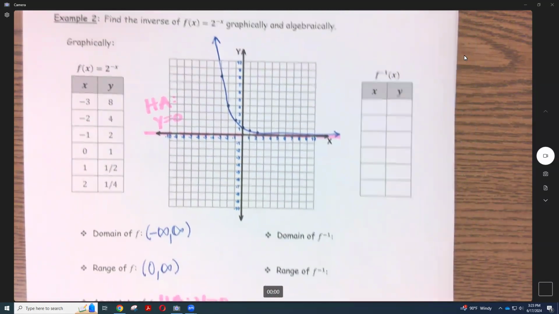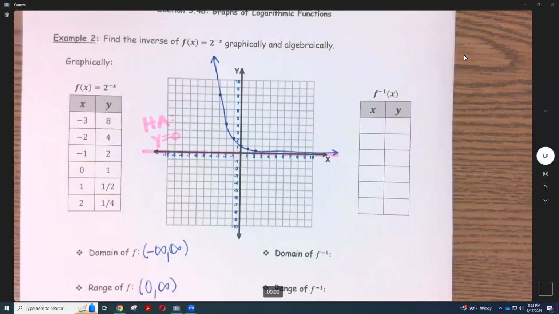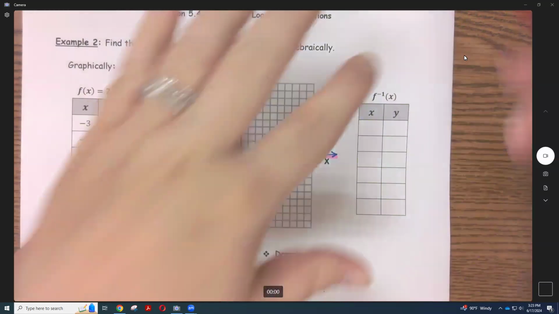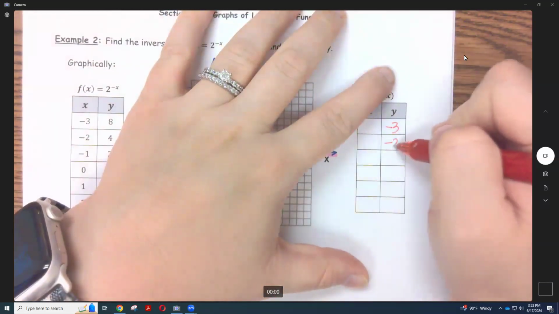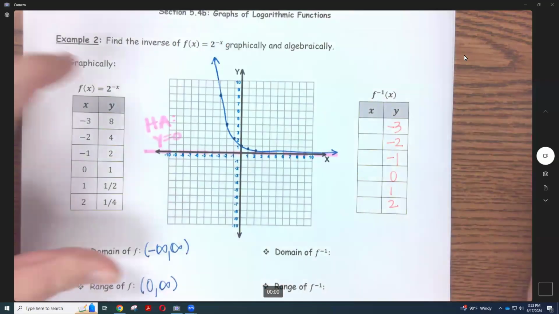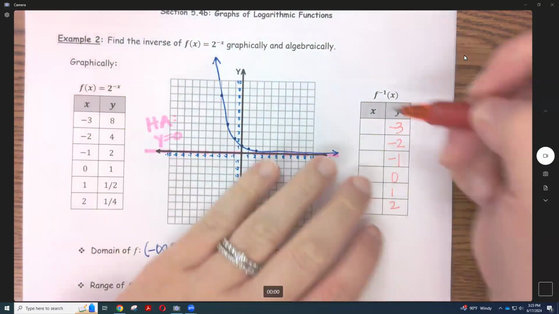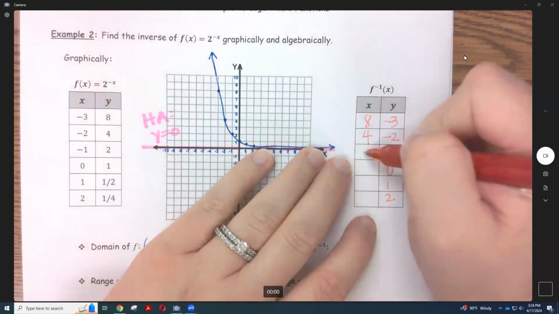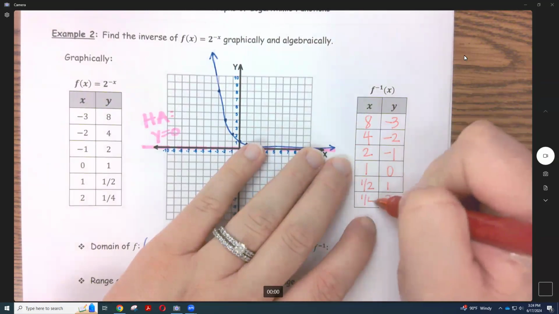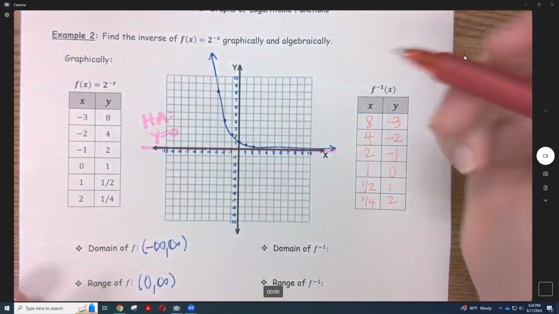So now graphically, let's find the inverse. We do that by taking our x values and rewriting them as our y, and then rewriting our y as our new x. Okay, let's graph these.